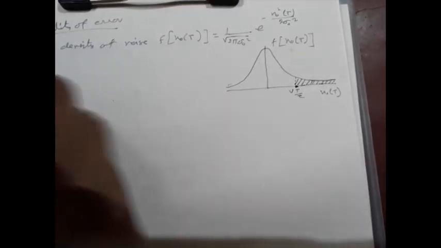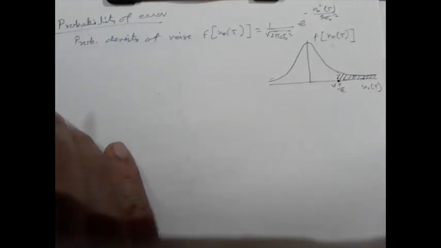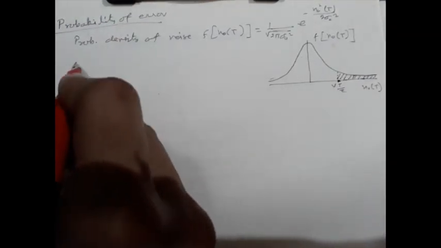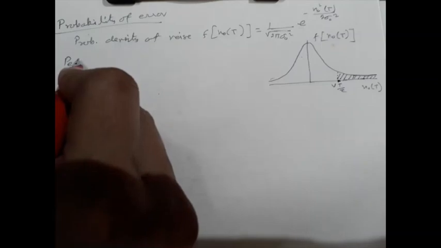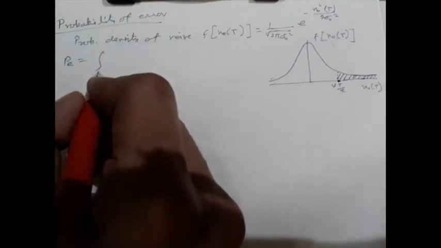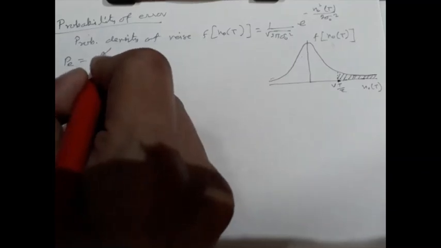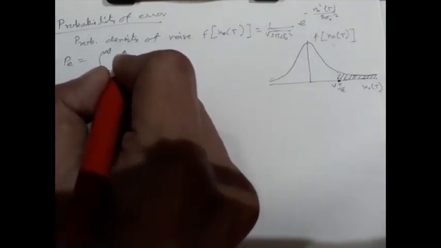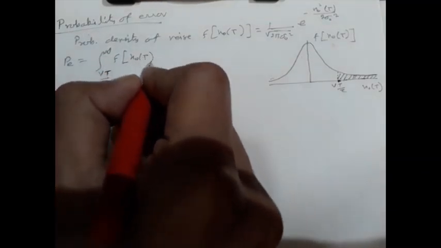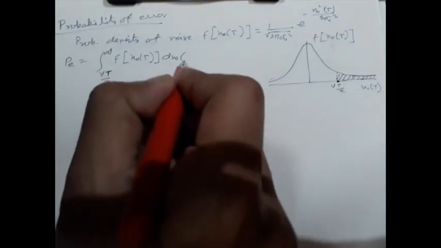So probability of error for dump and integrate filter can be written as integral from VT by tau of f(n0(t)) dn0(t).